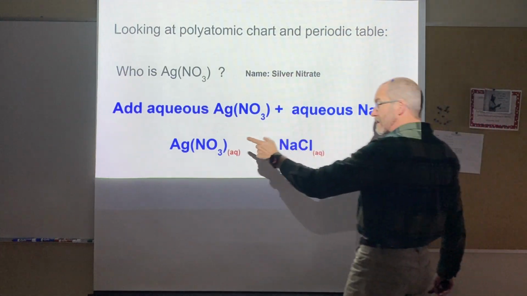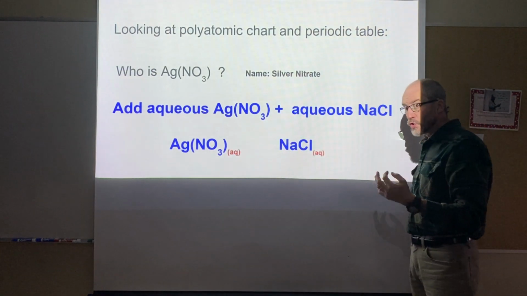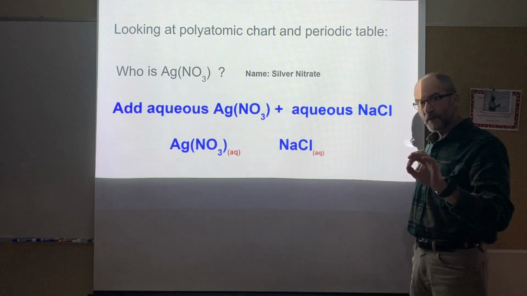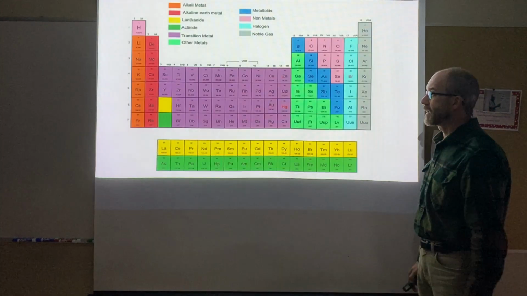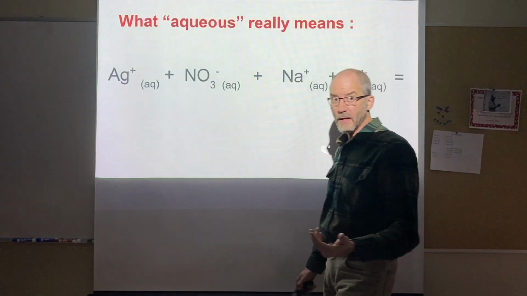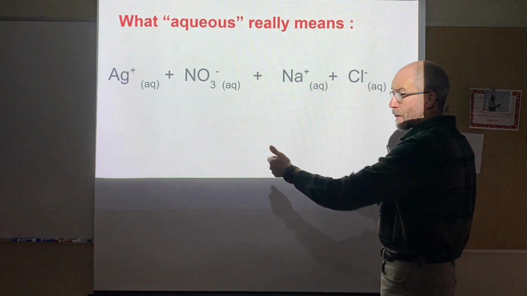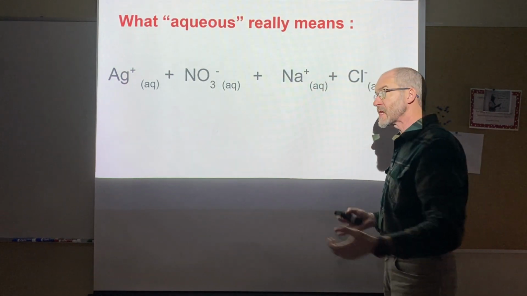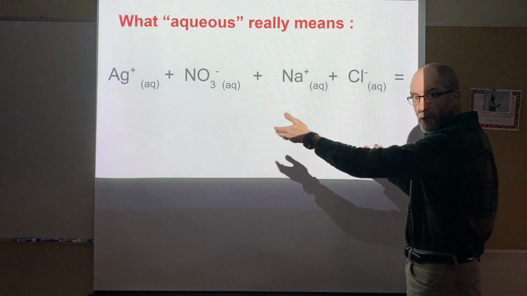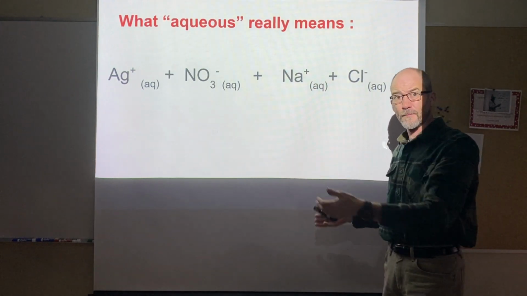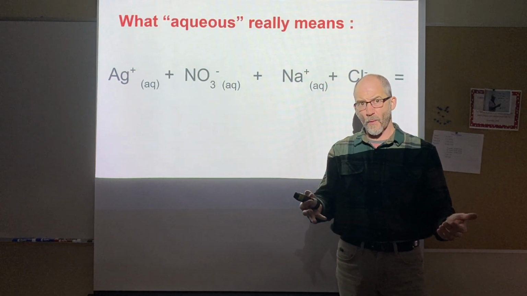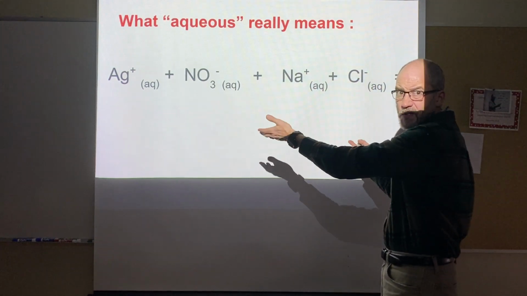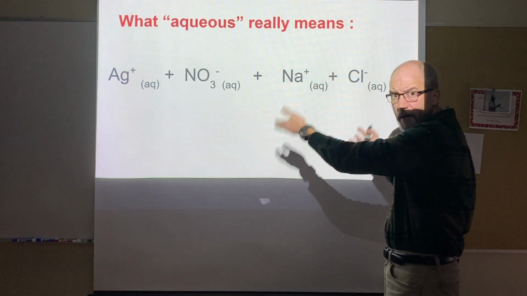So when you look at them, you know that they will dissociate, or break apart, into ions. What would that look like? It would look like this. Why do I need you to see this? Because if you understand this slide, you understand the discussion up to this point. My friends, this is the definition of aqueous.